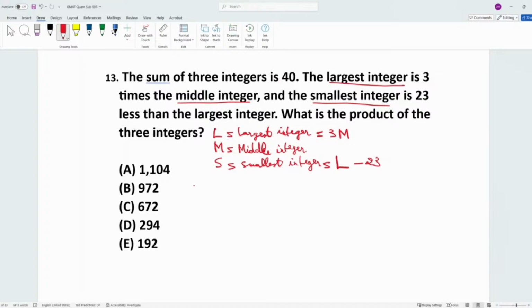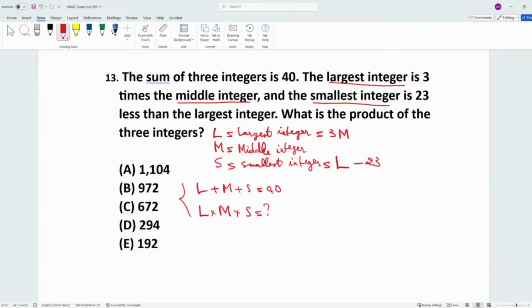So it simply means that L plus m plus s is equal to 40. So largest integer plus middle integer plus smallest integer is equal to 40. And the question is, what is the product of the 3 integers? So L times m times s. So that's what they want us to find.